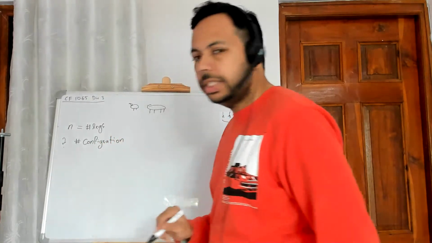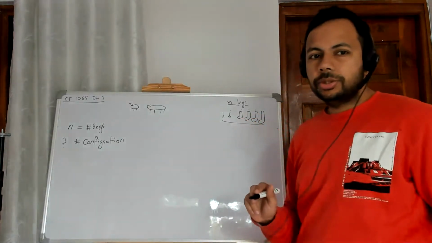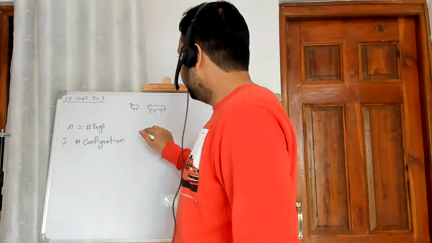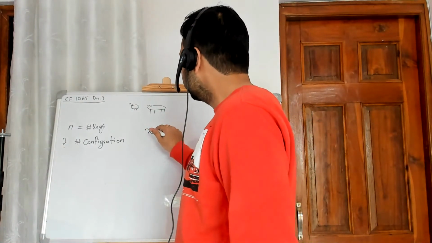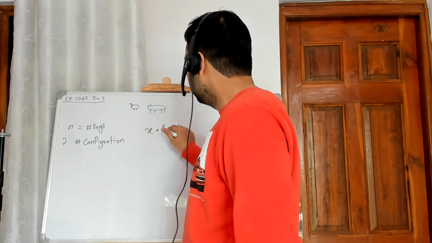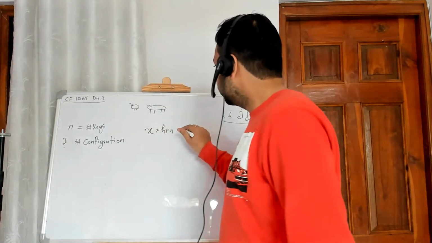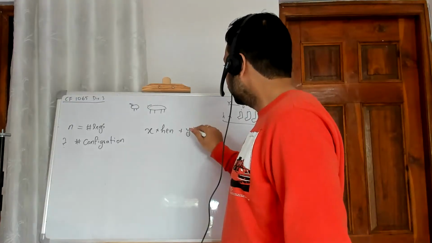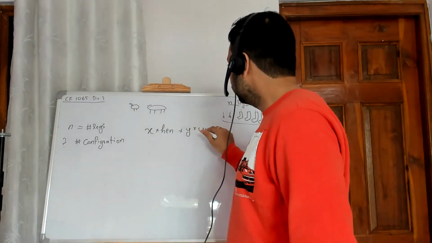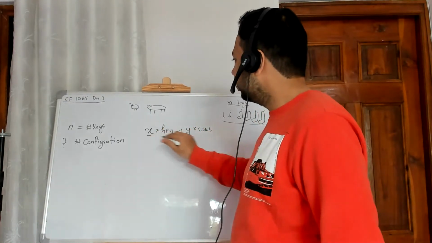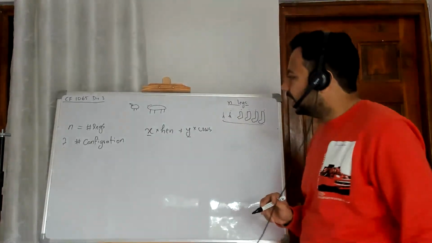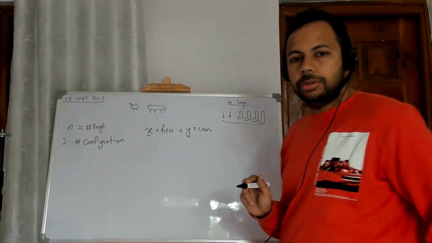In these configurations, there should be x number of hens plus y number of cows. Now this x and y can be anything greater than or equal to 0.